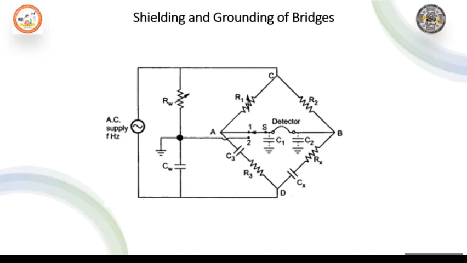There are capacitances existing from points C and D to ground, but the addition of the Wagner ground connection eliminates them, as current through these capacitances will enter through the Wagner ground connection. One key point to remember, students: the addition of the Wagner ground connection does not affect the balance conditions. The procedure for the measurements remains unchanged. Got it? This is how shielding and grounding of bridges is done.